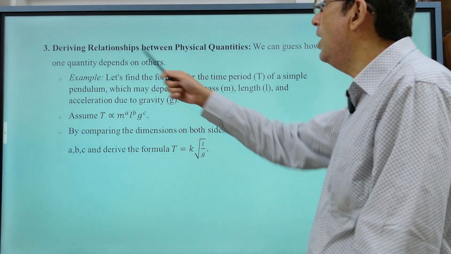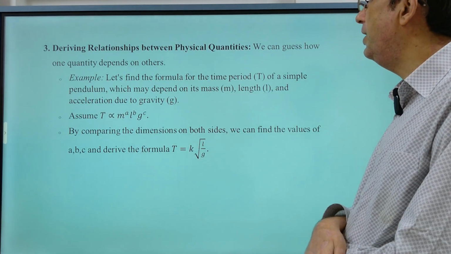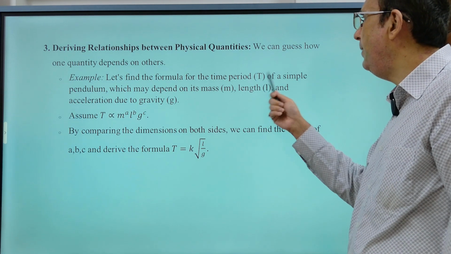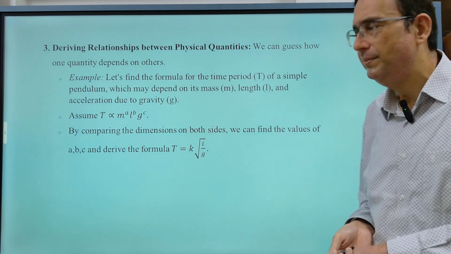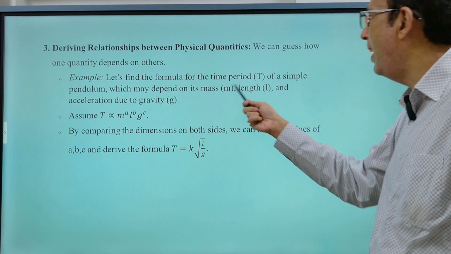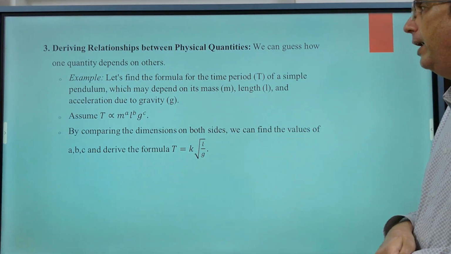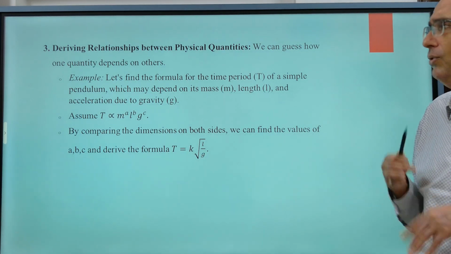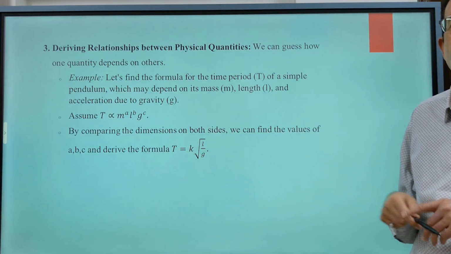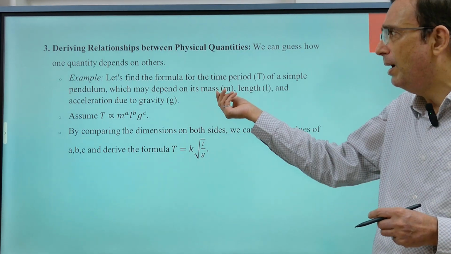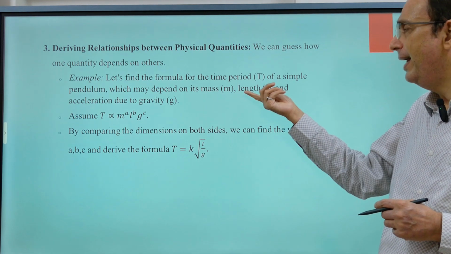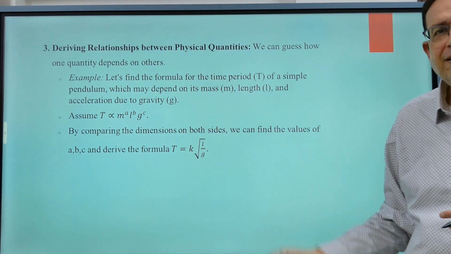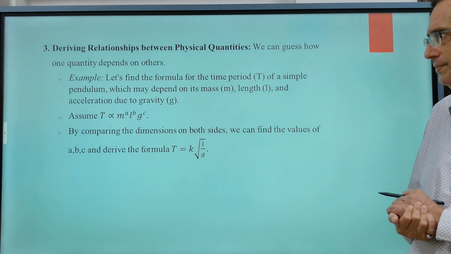Similarly, if you are talking about the relationship between physical quantities, let us say you are finding the time period T of a simple pendulum, which may depend on its mass, length and gravity. Let us say you know something about the system and you say that the time period of a pendulum will depend upon the mass of the bob, the length of the pendulum and the acceleration due to gravity, g.